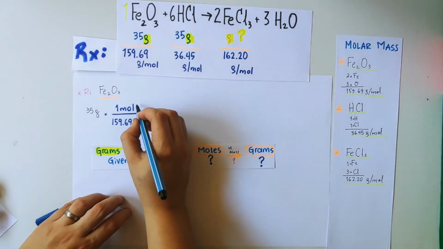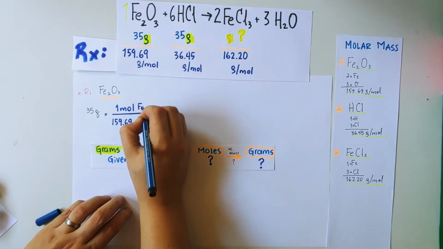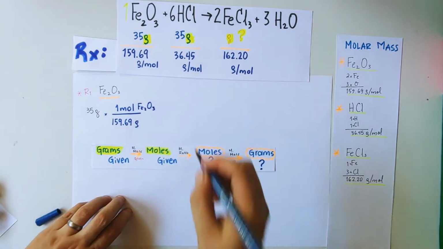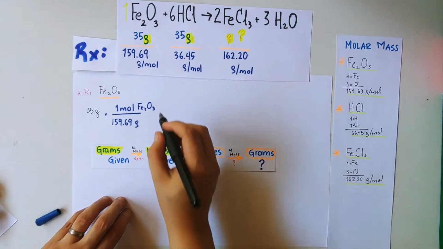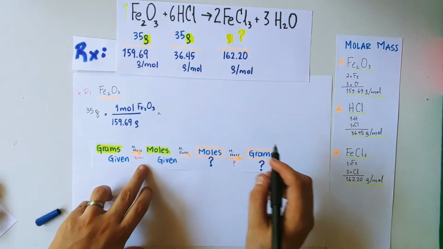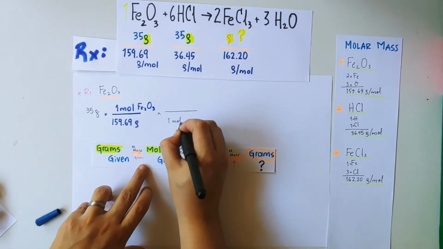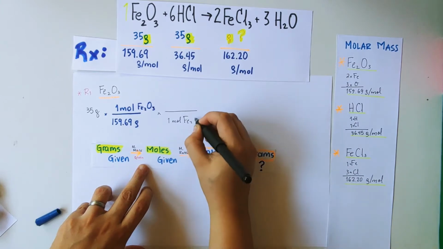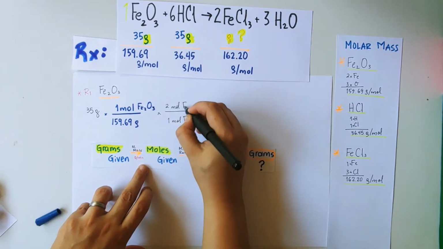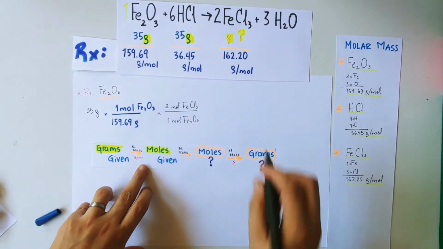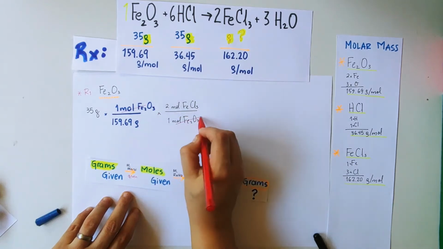Here is 1 mole of iron trioxide. So you're going to multiply times the mole ratio. The mole ratio is 1 mole of iron trioxide in 2 moles of iron-3 chloride. That's the mole ratio, which allows you to eliminate these moles.